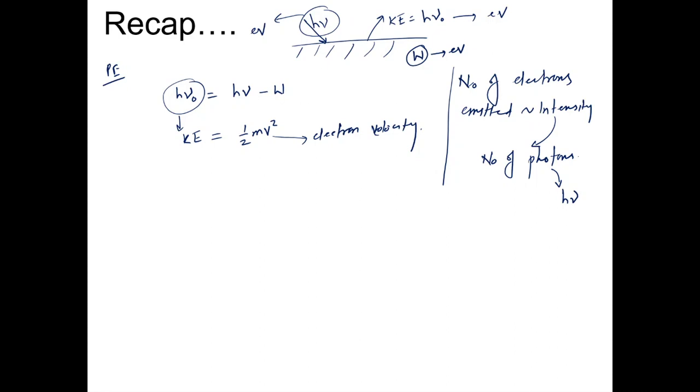Just make a note, this is v and this is nu, which is frequency. This h nu can also be written as hc by lambda. Then we had Bohr's atomic model.